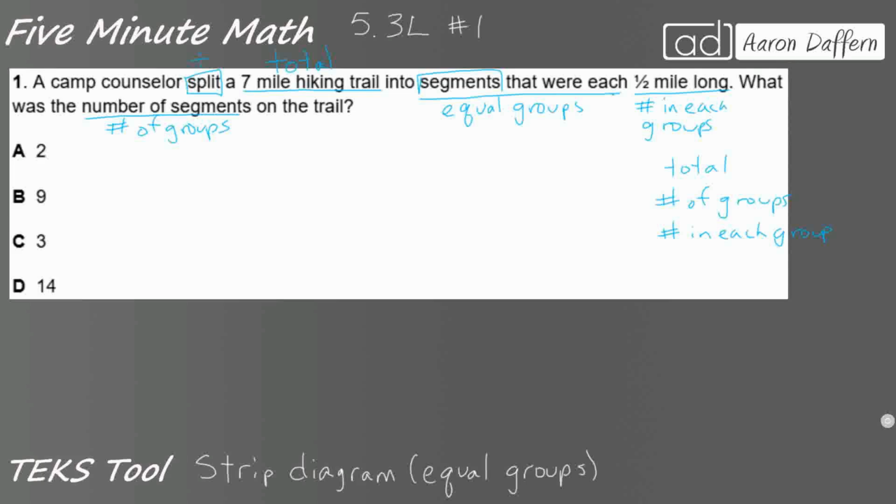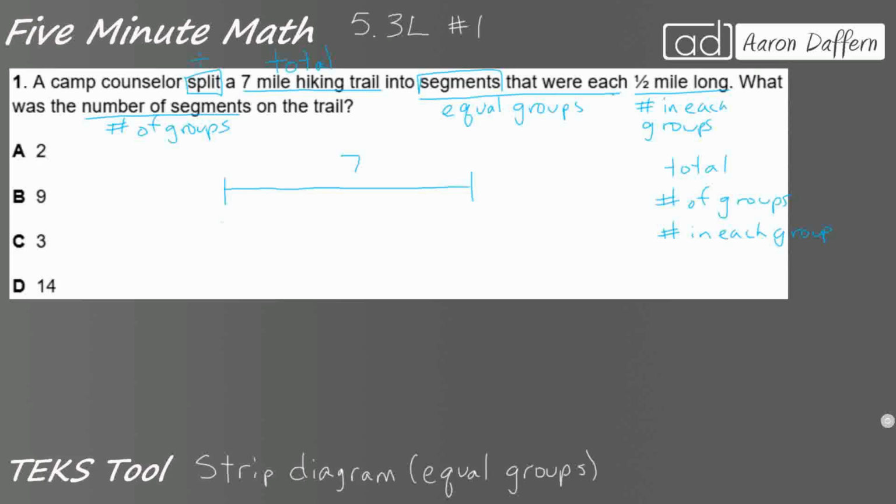So we can represent this with a strip diagram. So I'm going to put my total on the top. I'm going to label it with a line that goes all the way across. You might do a bar, it might go on the top, it might go on the bottom. Many different ways that we can represent a total. And then we have the number in each group.